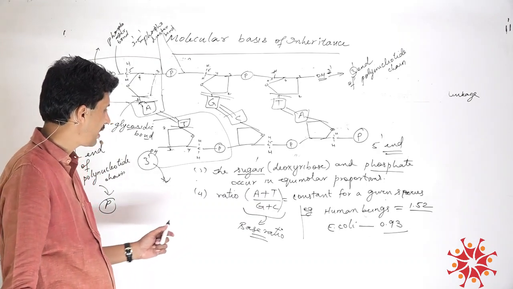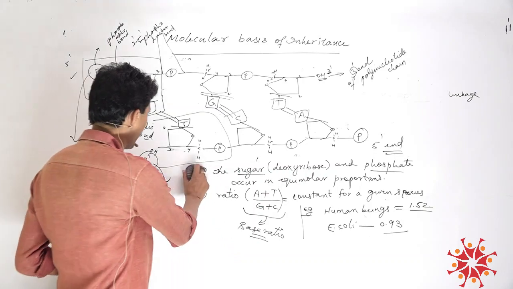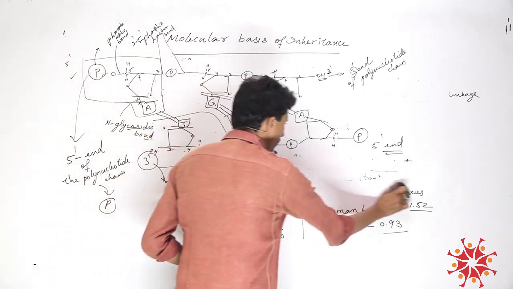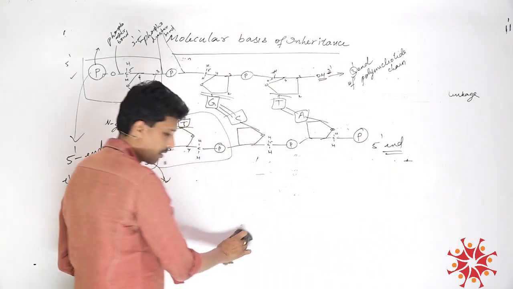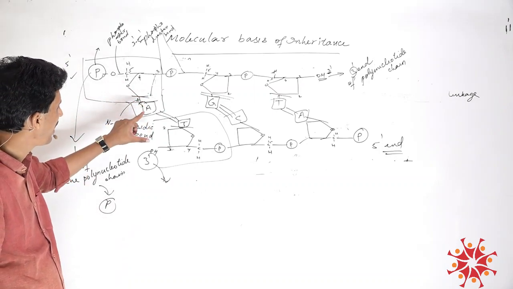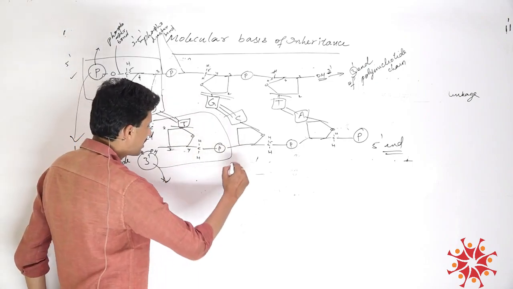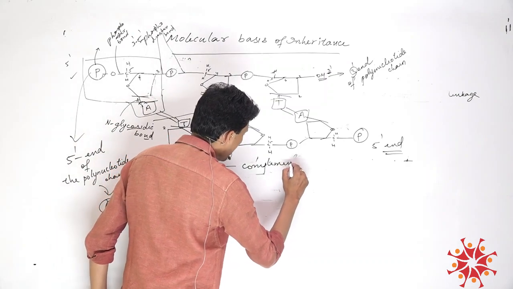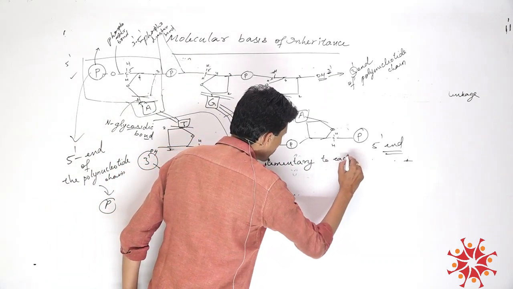So we have now seen Chargaff's rules, we have seen the structure of DNA. Now, also remember the base pairing: the two DNA strands are, number one, complementary to each other, right?